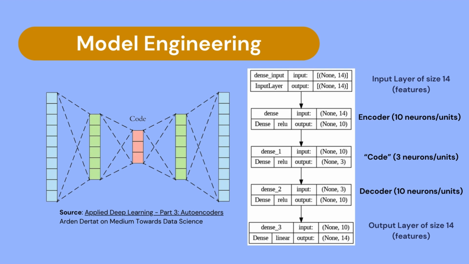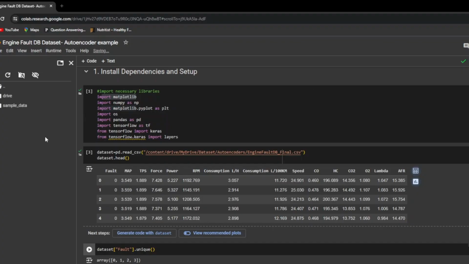Then, as for the decoder network, we will have a fully connected layer of 10 nodes to reconstruct the encoded information to its original format. As for activation, you can see from this image that we have used ReLU in the hidden layers of the encoder and decoder network.